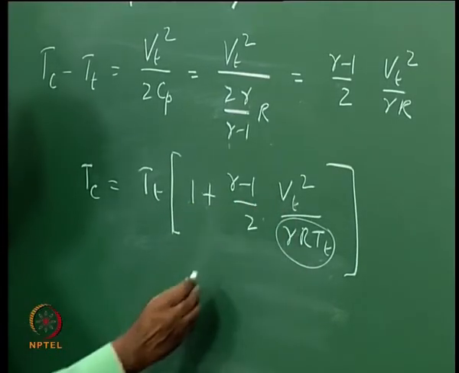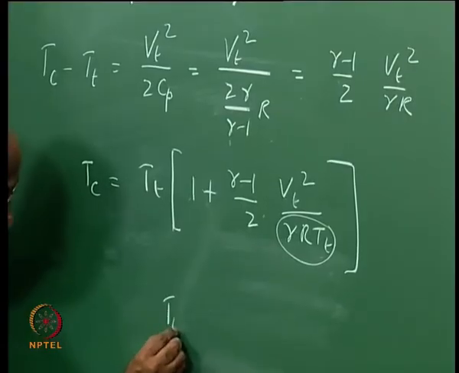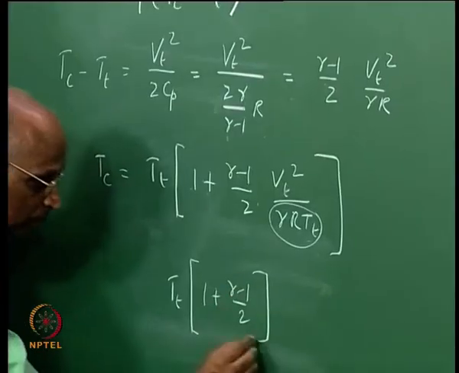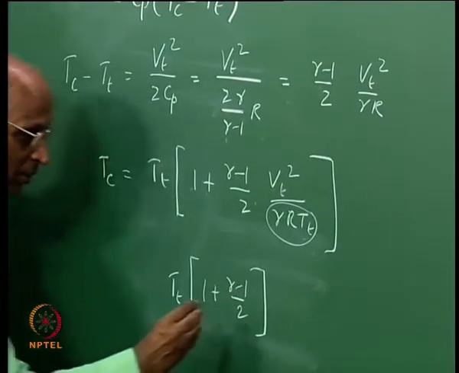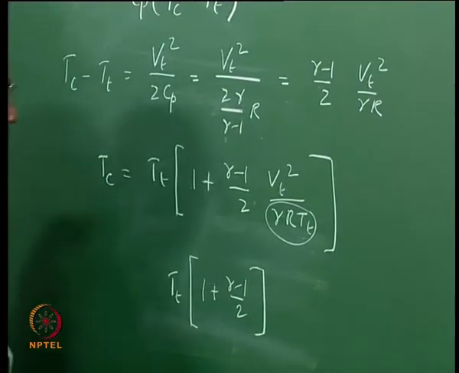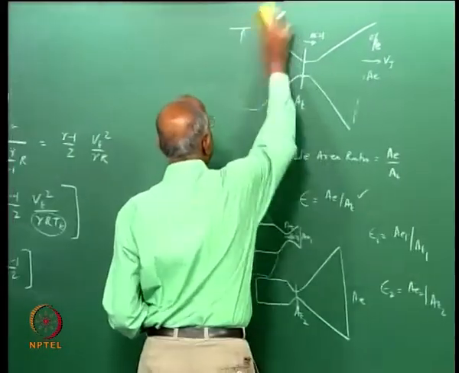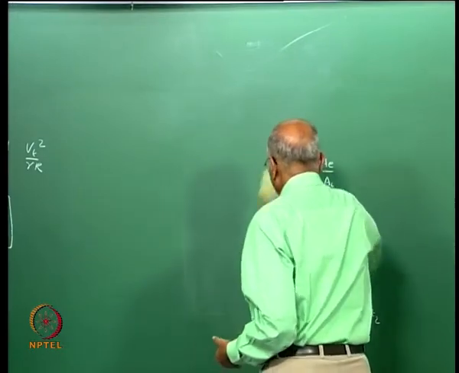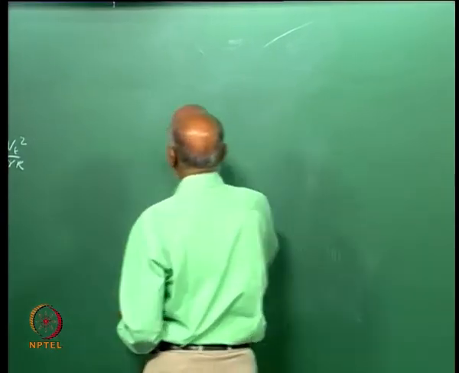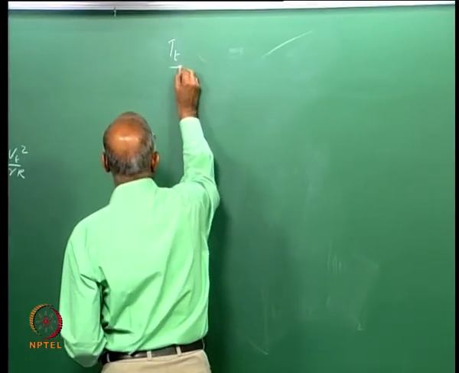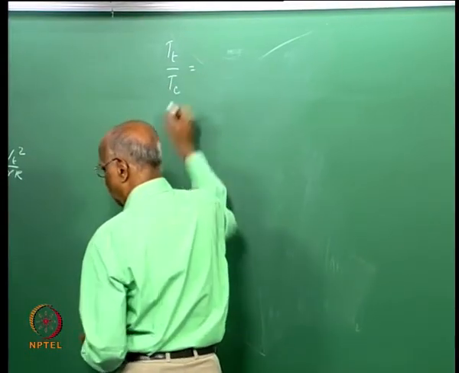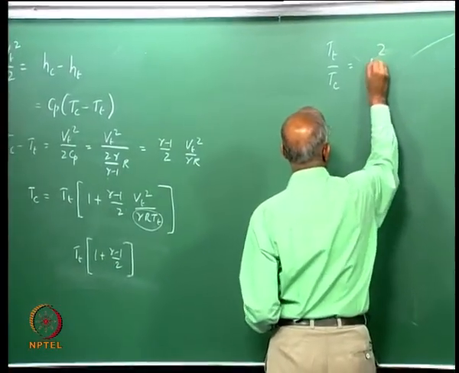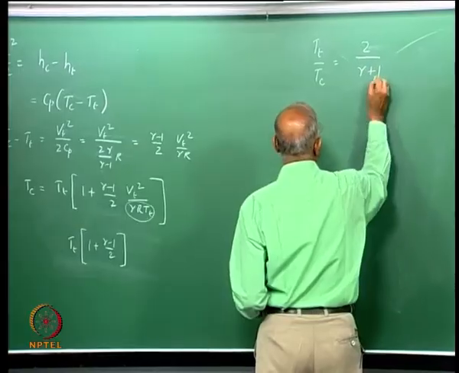Mach number is 1, and therefore this gives me the value of the temperature at the throat as a function of the chamber temperature. Tt by Tc is equal to, now this becomes gamma plus 1 by 2, I take it the other side, so it becomes 2 over gamma plus 1.